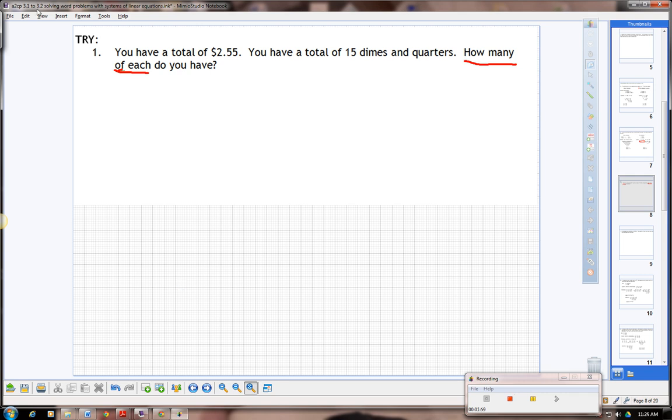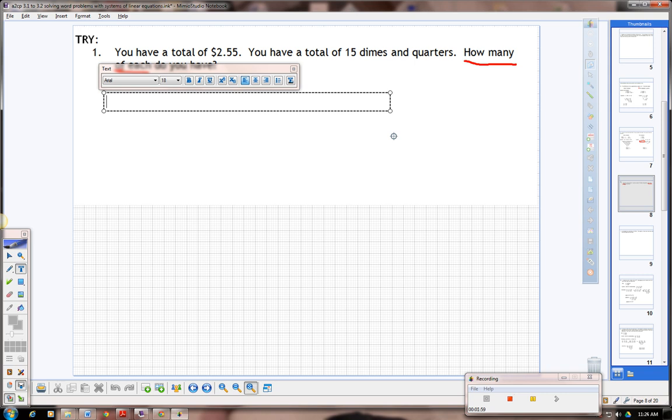Go ahead and write that down as how many dimes and how many quarters. So reverbalize that question if you need to. Sometimes the questions are real vague and you need to do a better job of specifying, or figuring out what exactly this question is asking me.